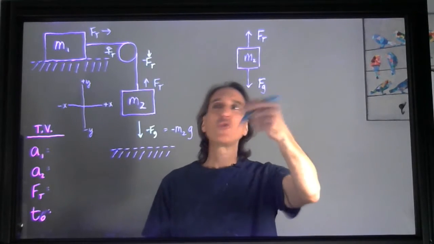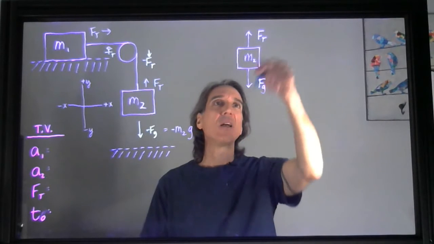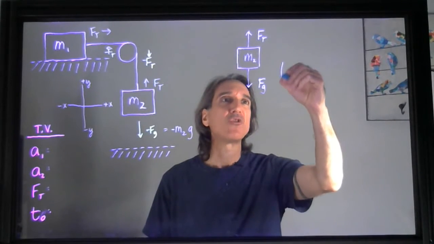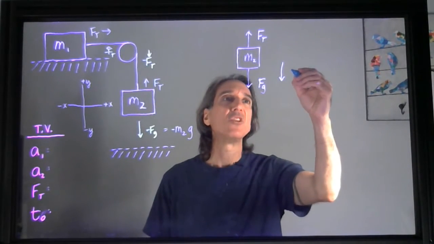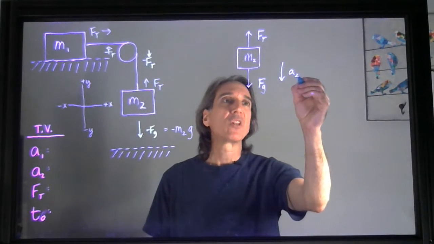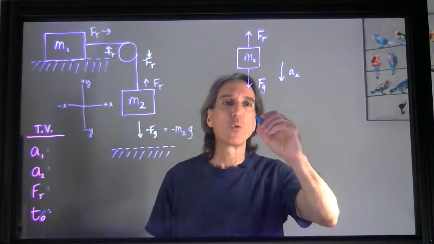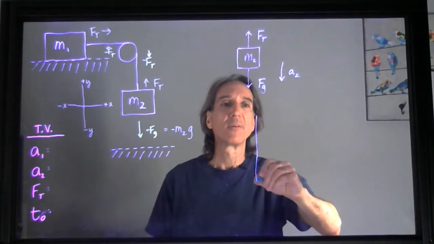And we're going to assume this is going to be dropping down, that there's an acceleration in this direction, and that will be acceleration a sub 2. So now we're going to draw a free body diagram for this, and we'll draw it on our coordinate axis.